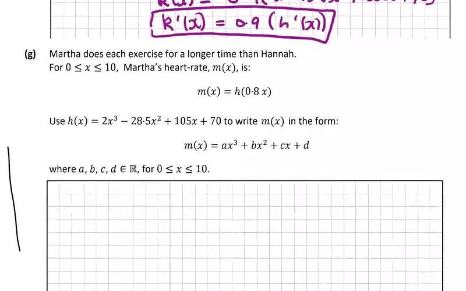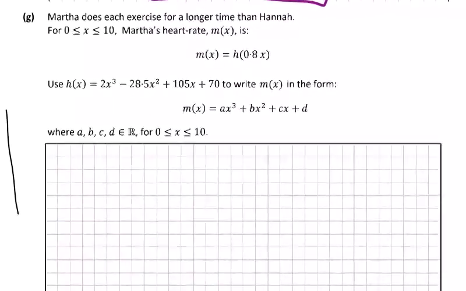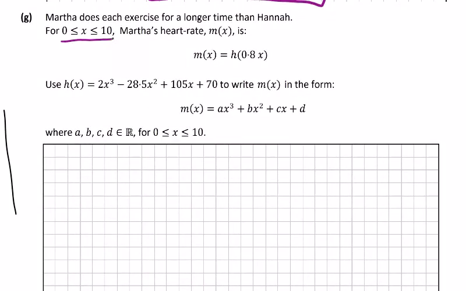And then Marta does each exercise for a longer time than Hannah, between 0 and 10 for x. M of x is equal to the function where x has been replaced by 0.8x. So instead of having x, we're going to replace these x's with 0.8x, and that's going to give us the cubic function. That's our answer.